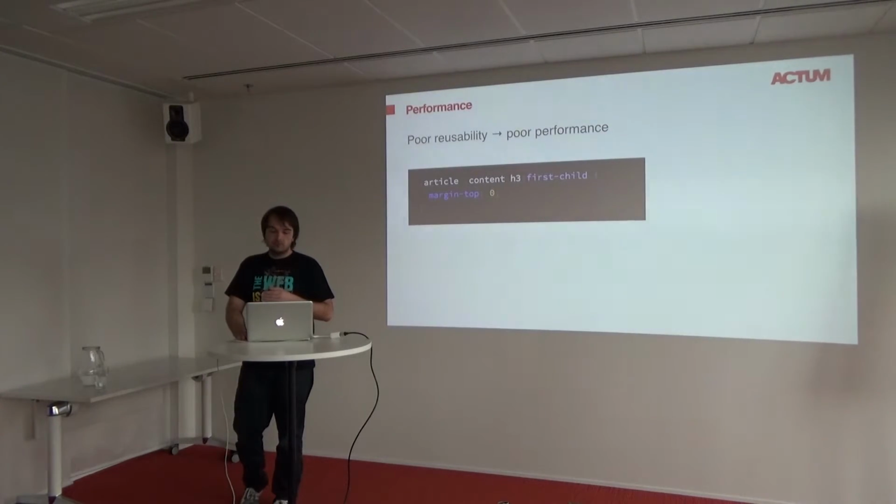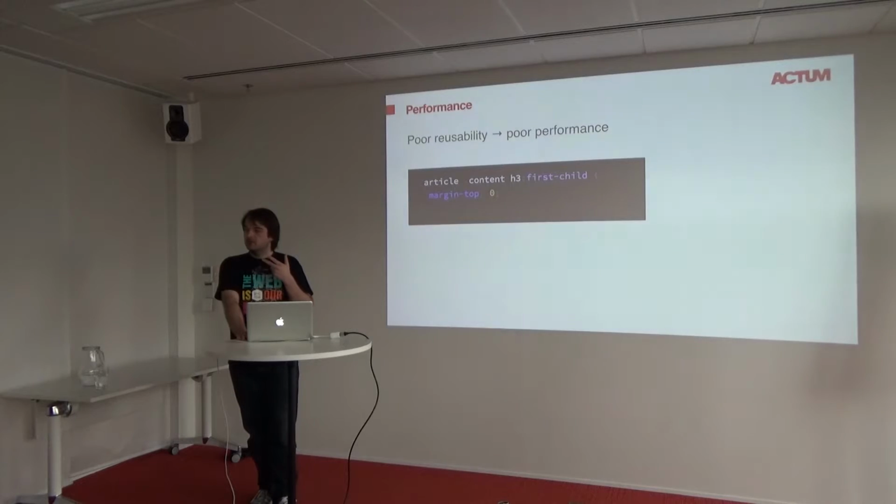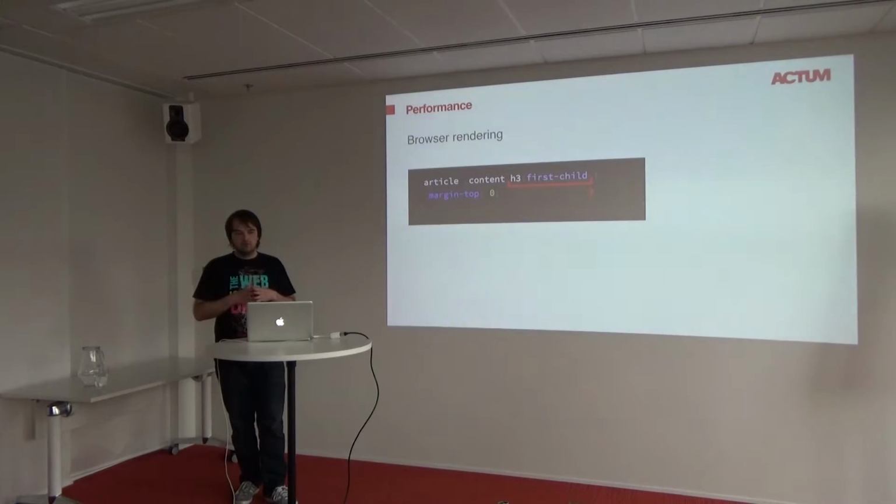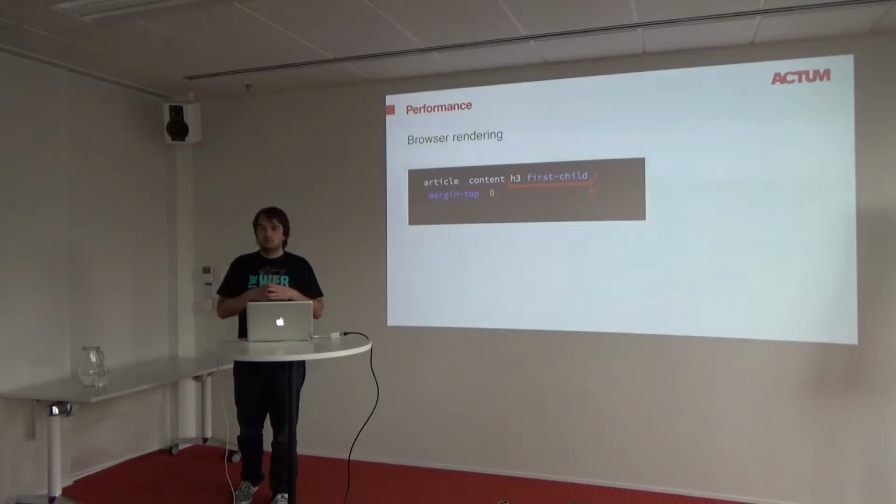Again, our example. Let's consider it from the perspective of browser rendering performance. How does it work for the browser? The browser starts on the right, with the rightmost selector, and tries to look it up in the HTML while rendering.